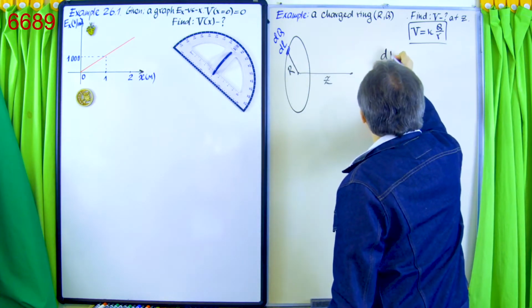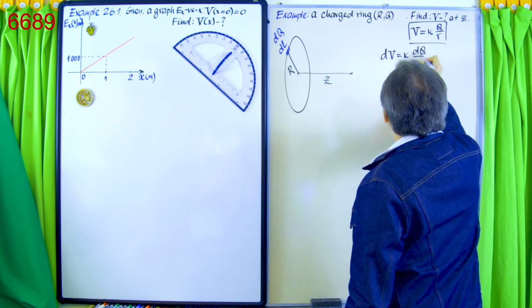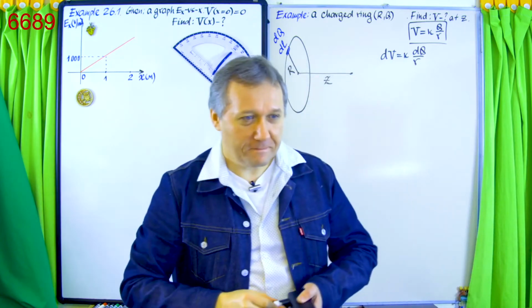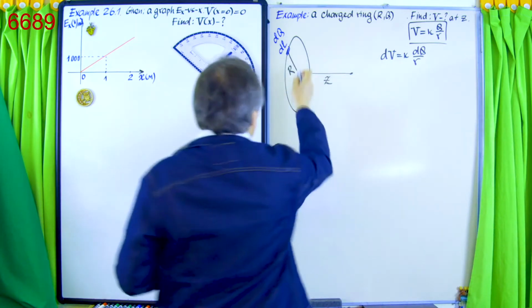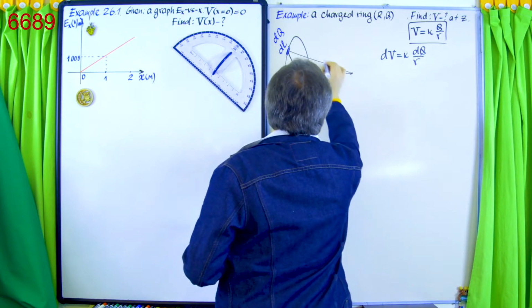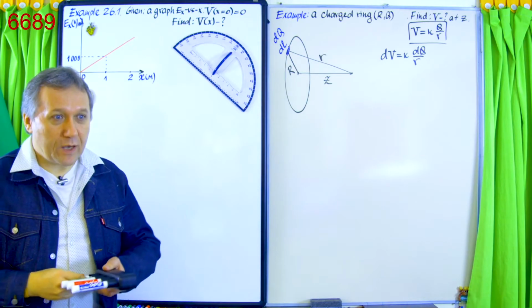So I'll have to write dV equals k dq over R, right? And what is R? R, of course, is the distance from our point charge to the point in question. So this is R.